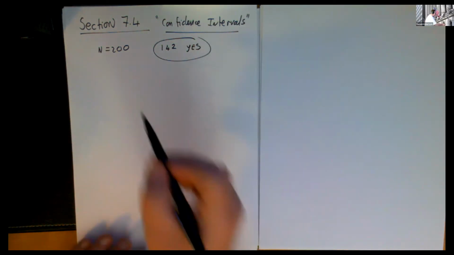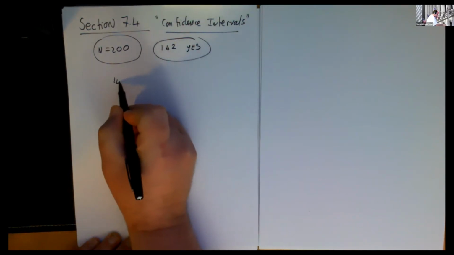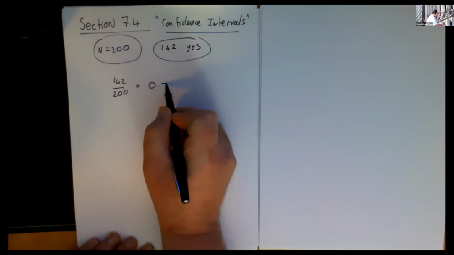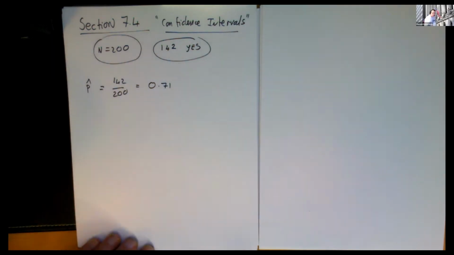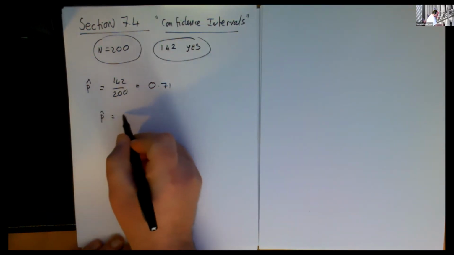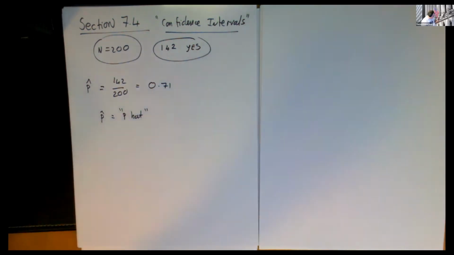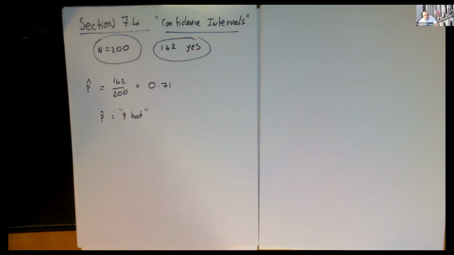So in this case, if we take 142 and we divide it by 200, that ends up being 0.71. And we have a funny little notation for that. Do you remember seeing the notation p hat? That's how you say that out loud. Have you seen that notation before? Yes, sir. Right. So p hat is 71%, but most of the time we leave things for calculation purposes as decimals.